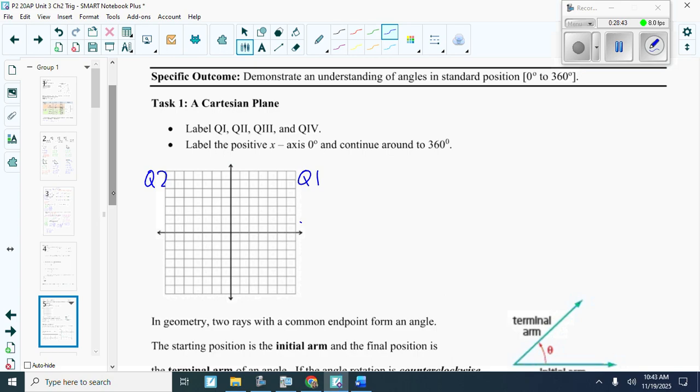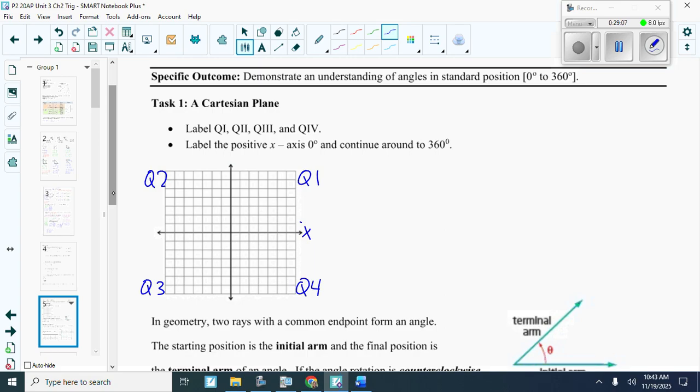So we had a number line, positive numbers, and then we introduced this idea that we can have negative numbers. So then we introduced you into quadrant 2. And then we said you can also have negative y values, and that's where quadrant 3 and quadrant 4 came in. So always start in the top right, counterclockwise.